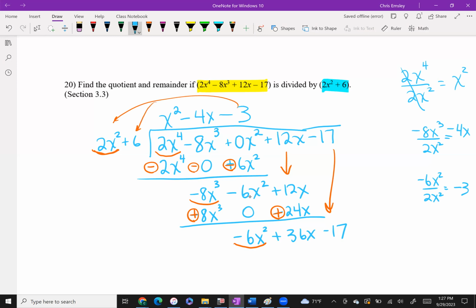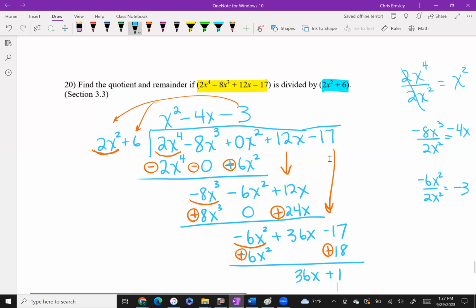Negative 3 times 2x squared is minus 6x squared. Negative 3 times 6 is negative 18. Then we want to subtract. That flips our signs around because minus a negative 6 is plus. Minus a negative 18 is plus. The first two 0 out. We get 36x. Negative 17 plus 18 is plus 1.